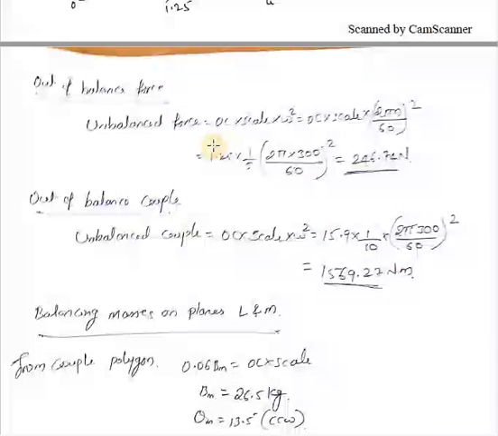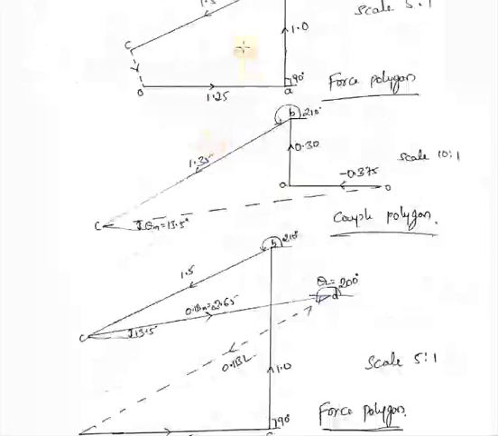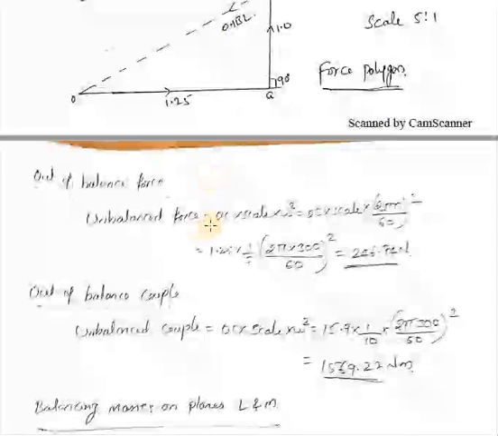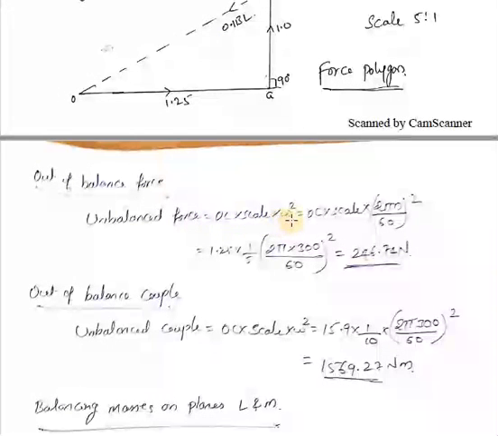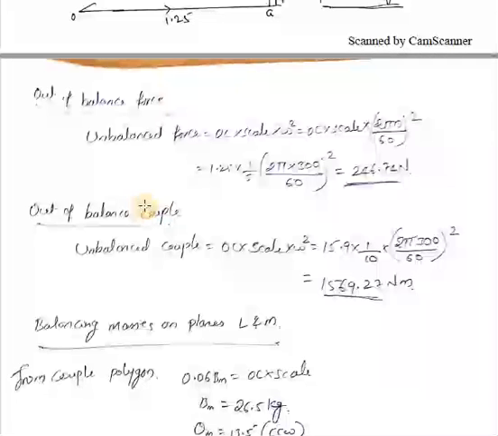For the unbalanced force, from the first force polygon, OC into scale into omega square should be equal to the unbalanced force. For omega square we have the formula (2 pi n by 60) whole square. If you substitute that, you will get 246.74 Newton as the unbalanced force. Similarly, the unbalanced couple is OC into scale into omega square.